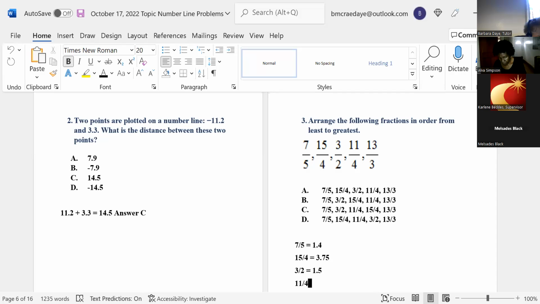What is that equal to? 2.2. 2 point what? 2.75. Yep, 2.75. That's right, Michelle.